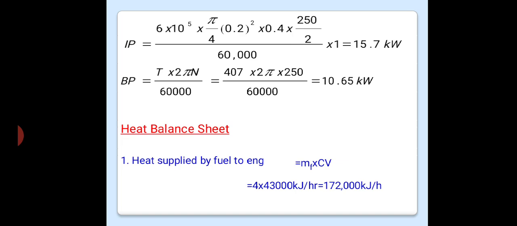They have clearly mentioned in this problem, draw the heat balance sheet on hour basis. So m_f 4 we are going to take, and CV, that is 43,000 kilojoule per kg. So after substituting the values, we got heat supplied by the fuel is 172,000 kilojoule per hour.